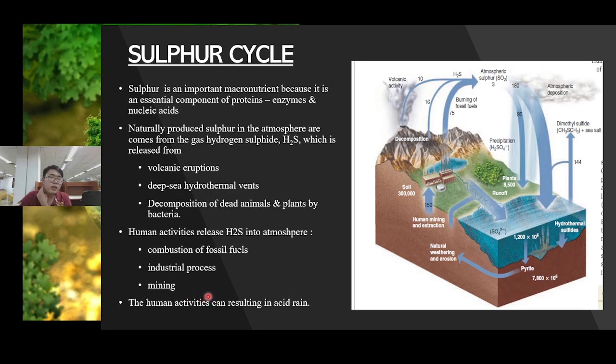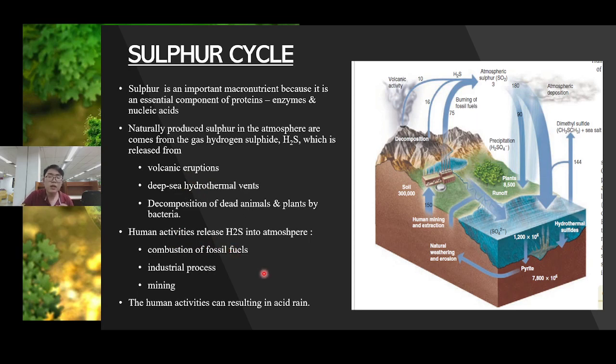And then this human activity can result in acid rain. Not only human activity, nature can also result in acid rain. But the natural process to release hydrogen sulfide is very rare. Does a volcano erupt every day? No. But human activity is every day.